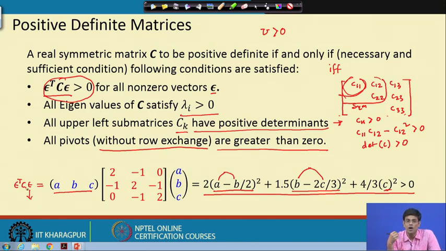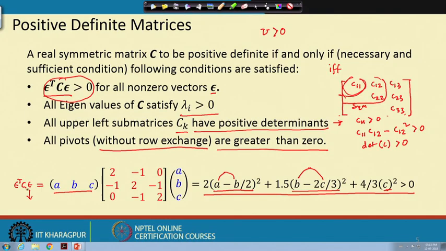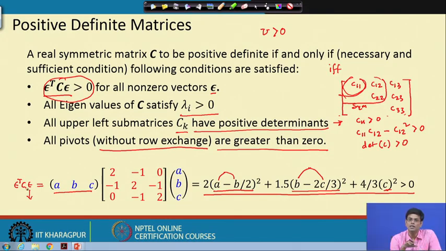Now, what does it mean physically for us? Whatever the form of the strains, this strain energy, half epsilon transpose C epsilon, whatever the epsilon or the strain state, the strain energy has to be greater than 0.